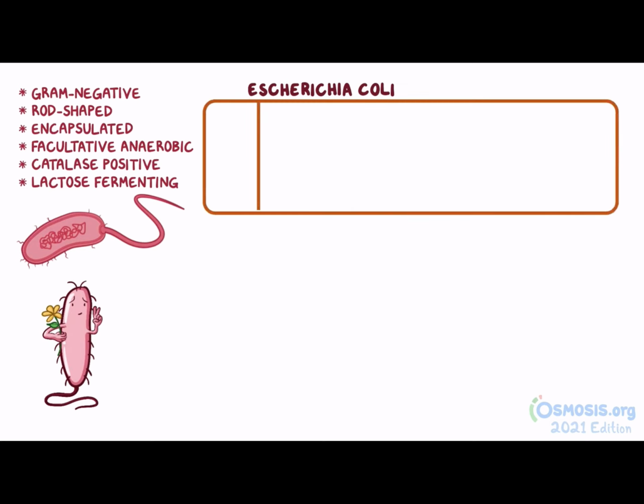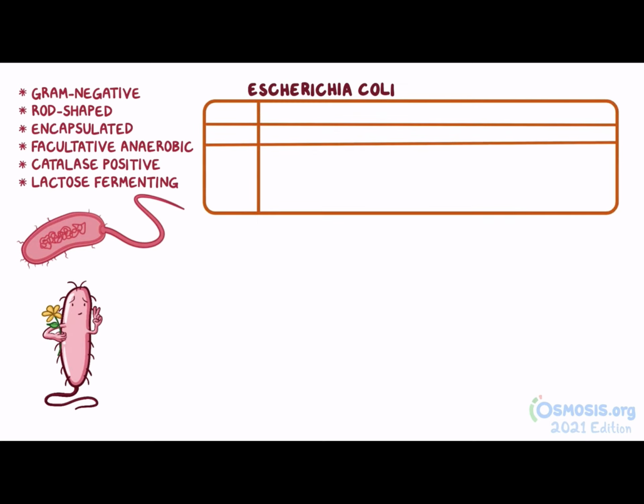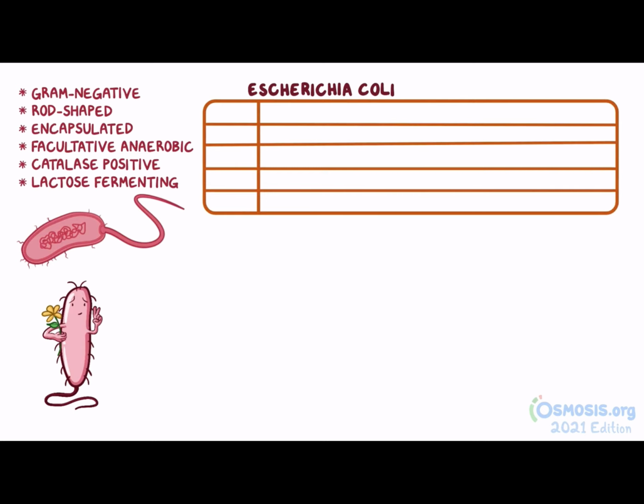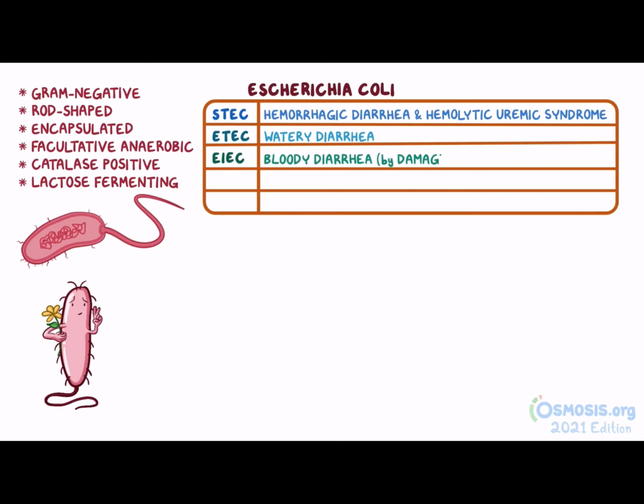The pathogenic E. coli are classified into 4 main pathotypes, namely STEC, which particularly causes hemorrhagic diarrhea and hemolytic uremic syndrome, ETEC, which is commonly associated with watery diarrhea, EIEC, which causes bloody diarrhea by mechanically damaging the intestinal epithelium, EPEC, which causes diarrhea in children below 2 years, and finally, UPEC, which causes most of the UTIs.